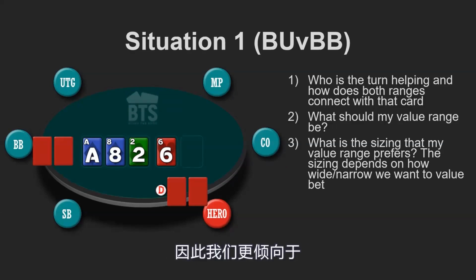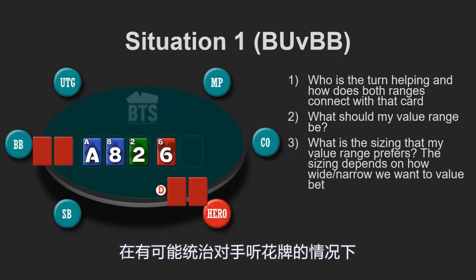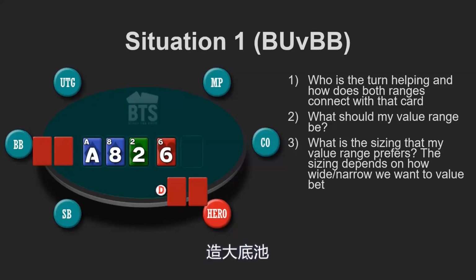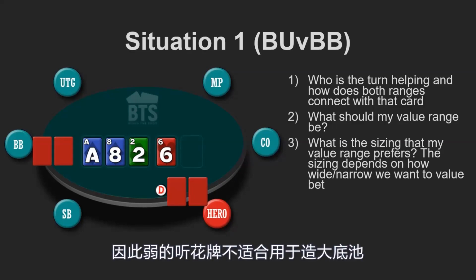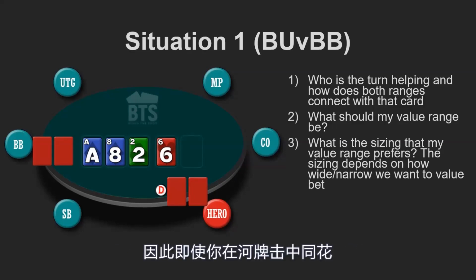So we try to build the pot with flush draws that will dominate villain's flush draw. I don't like building a huge pot with weak flush draws, because by the time you hit your hand and all the money goes in, you're going to be behind quite often.